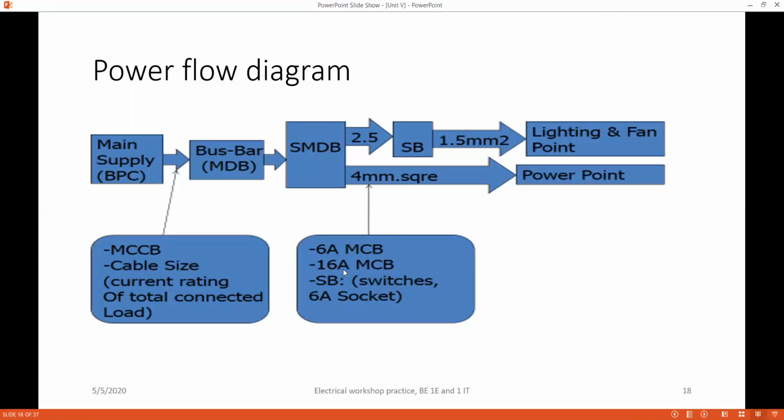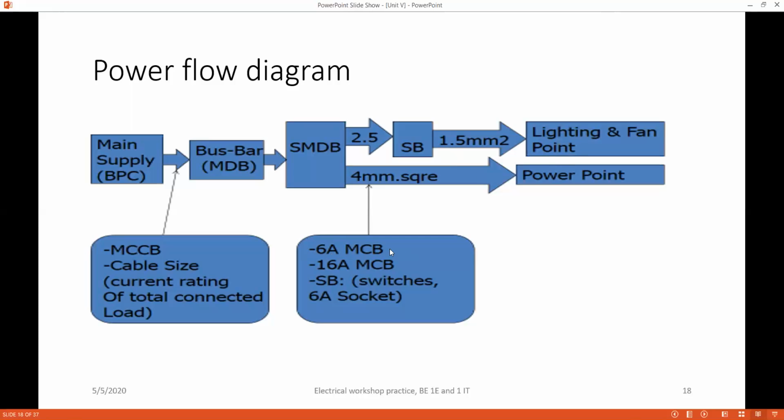So the 16 ampere MCB is used for the power points. In these power points, we are using the refrigerator, air conditioners, curry cookers, rice cookers. For these, you can use the 16 ampere MCB. And then for the lighting and the fan points, you can use the 6 ampere MCB. It's not that one light point and one fan point will have one 6 ampere MCB.